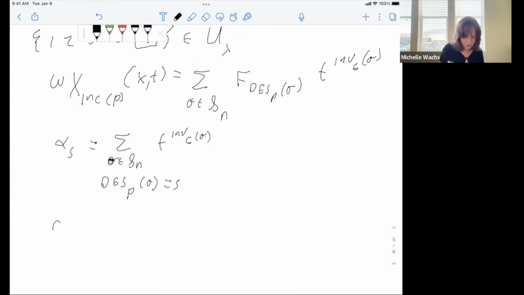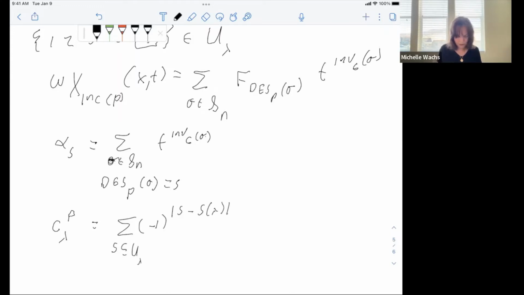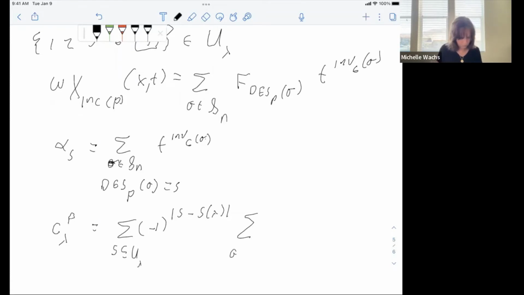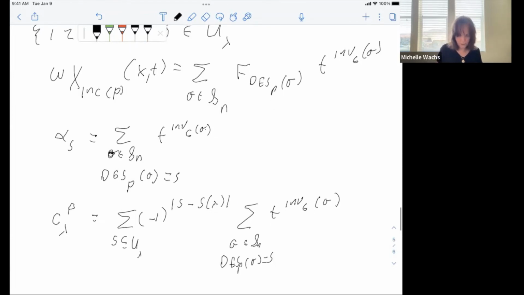So now the coefficient, according to Weichmann's lemma, is of, remember we were denoting the coefficients of the power sum corresponding to lambda, then becomes, and here's the alpha sub S. Okay, so this is the alpha sub S in Weichmann's lemma.